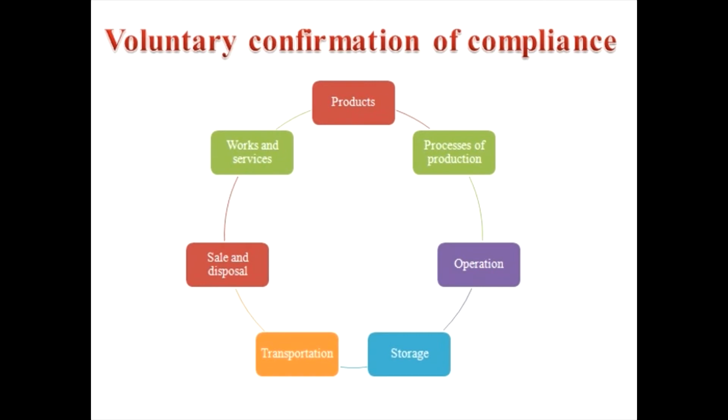Conformity assessment can be carried out to establish compliance with national standards, preliminary national standards, standards of organizations, codes of rules, voluntary certification systems, and the contract terms. Voluntary confirmation of compliance is carried out on the initiative of the applicant under the terms of the contract between the applicant and the certification body.